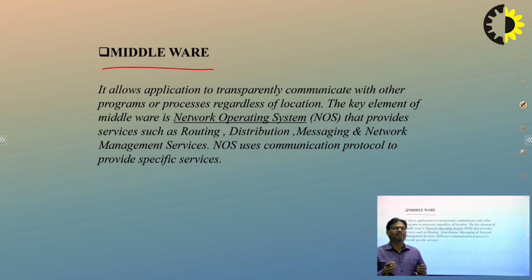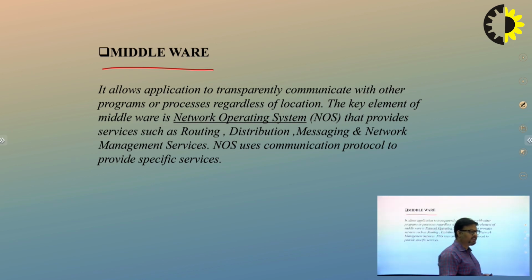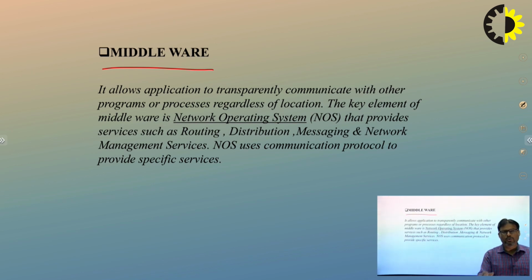It allows the application to transparently communicate with the programs or processes regardless of location. The key element of middleware is the network operating system that provides services such as routing, distribution, messaging, and network management services.